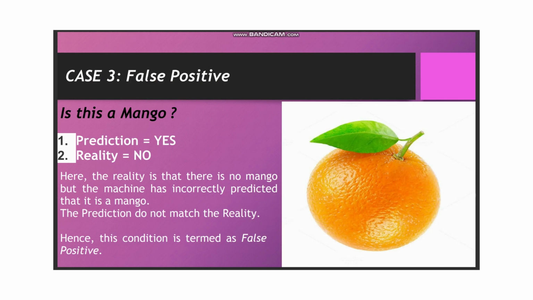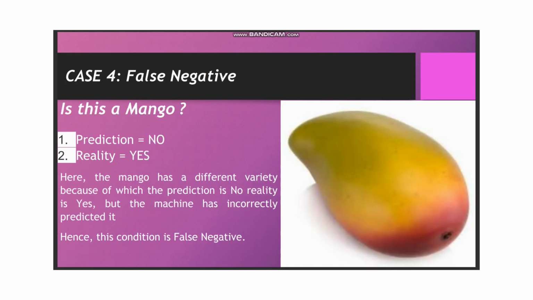In this scenario, the condition is known as the false positive case, that is FP. And opposite to this, when the prediction is no and reality is yes, the AI machine says no, it is not a mango, but in reality we can see it is a mango. This condition is known as false negative.